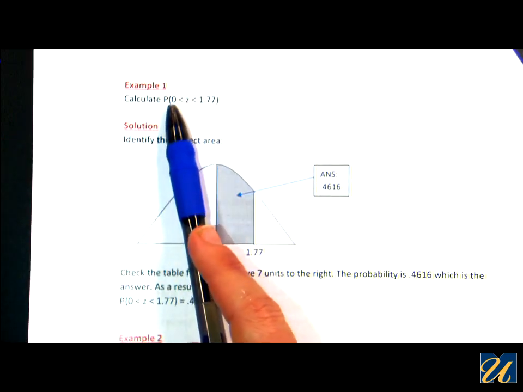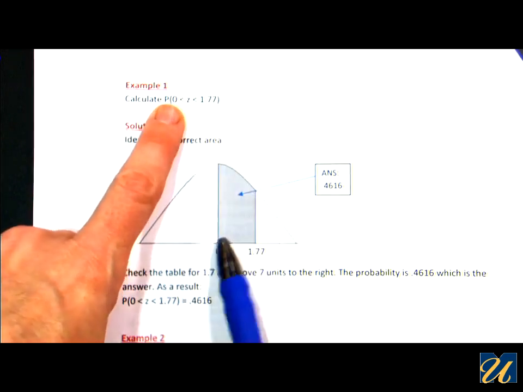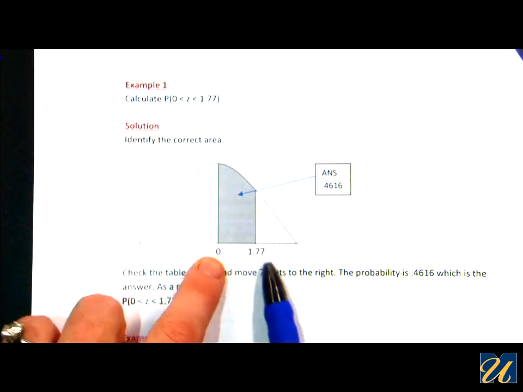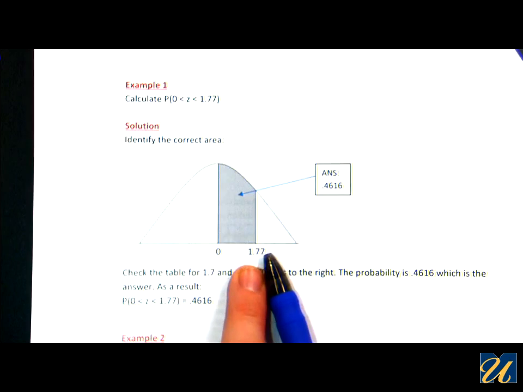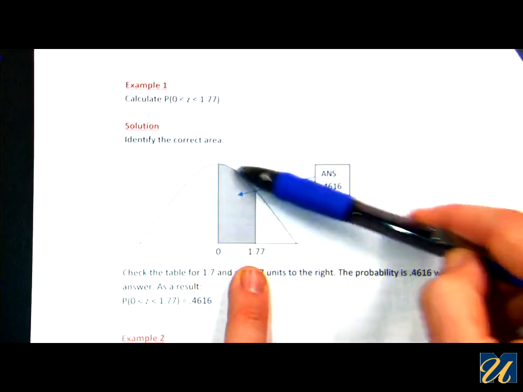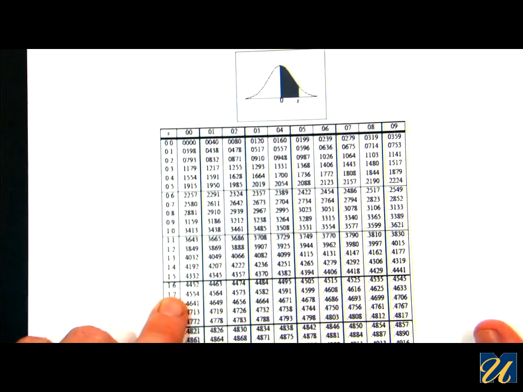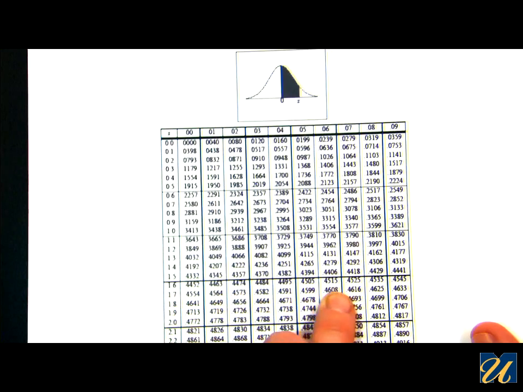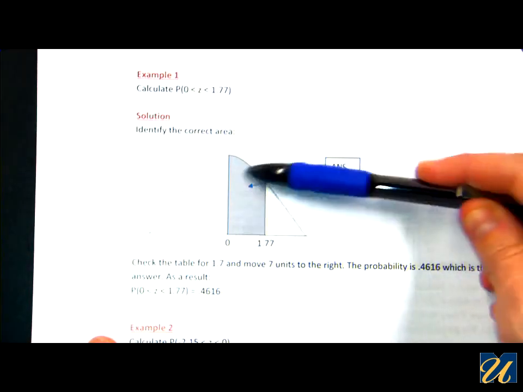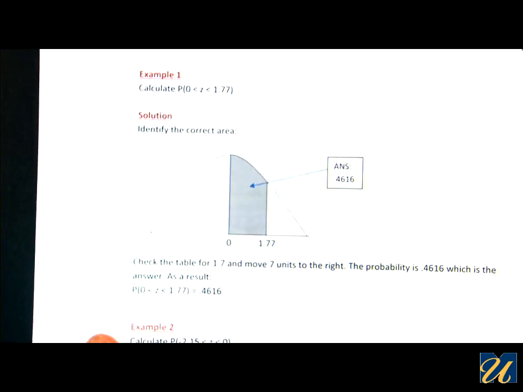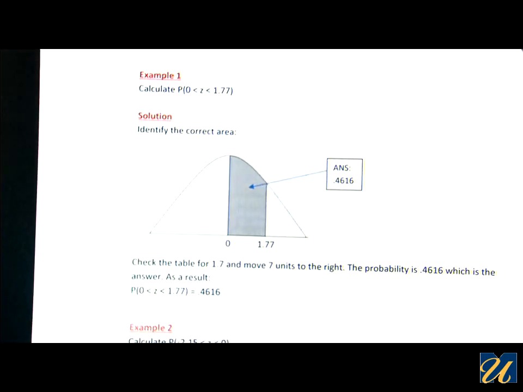So the mu is equal to 0, and you want to know the area between 0 and 1.77. 1.77 is positive, so the area will be to the right. So you will go to your table, and you will go 1.7, and then you will move across to 0.7, 0.4616. So the answer will be 0.4616. So this area here that we are looking for is 0.4616.